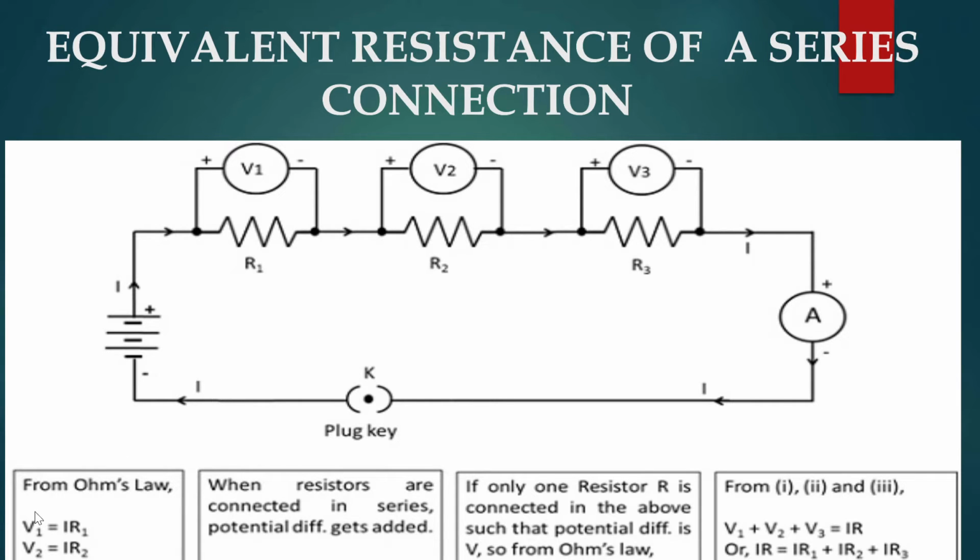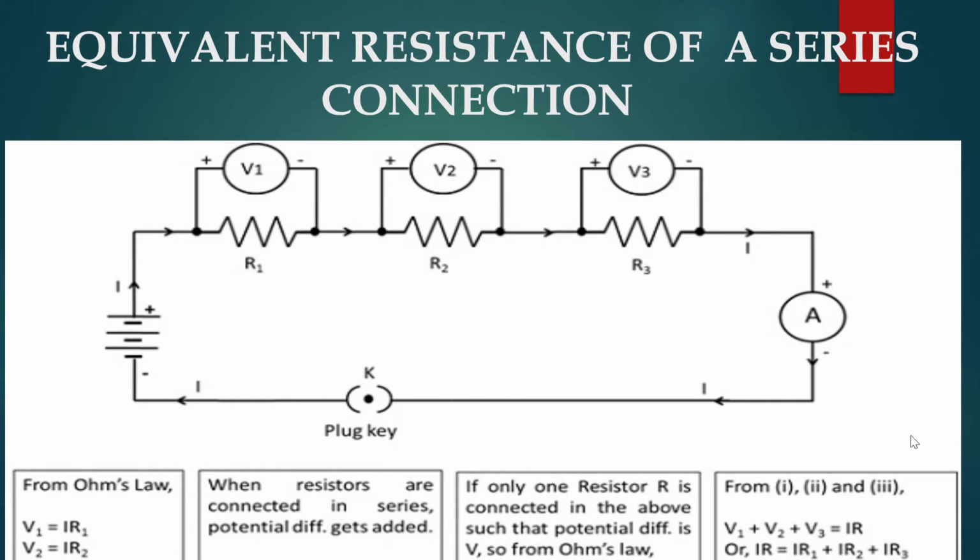We know V1 is IR1. From Ohm's law, we know V is equal to IR. So V1 is equal to IR1, V2 is equal to IR2, and V3 is equal to IR3. When we connect these three resistors in series, all these potential differences get added up. So V equals V1 plus V2 plus V3.